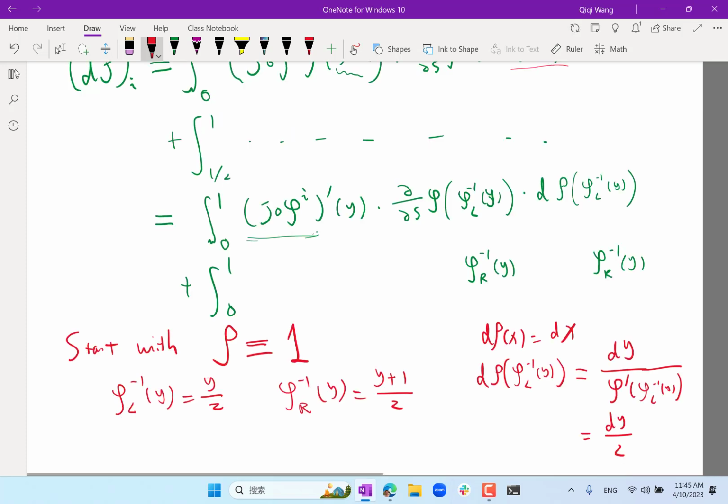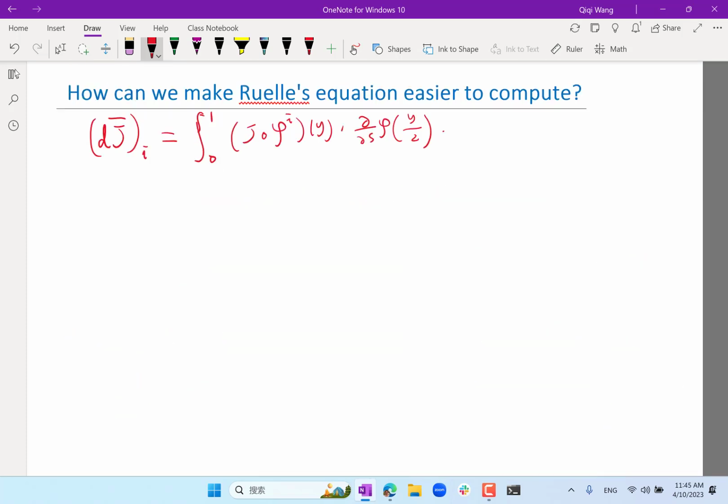And again, the d rho is just equal to dy over 2. Plus the second component, again integrating from 0 to 1, times the perturbation, but phi evaluated at y plus 1 over 2. Again, we have dy over 2. So that's that formula.